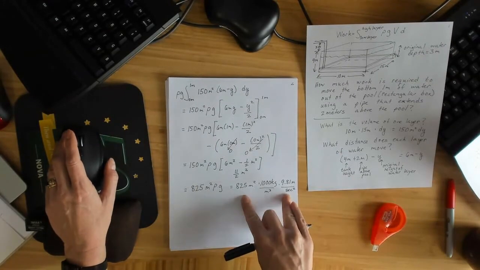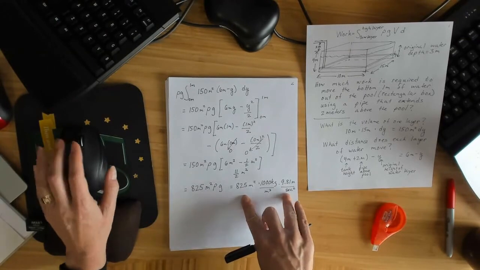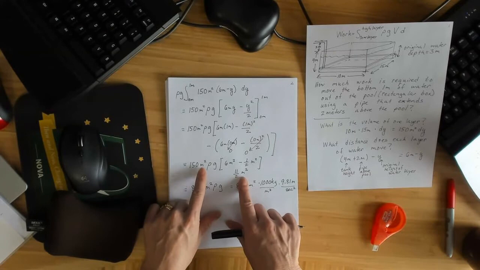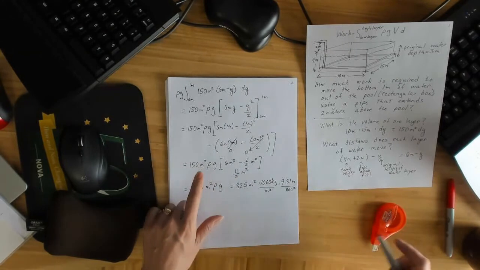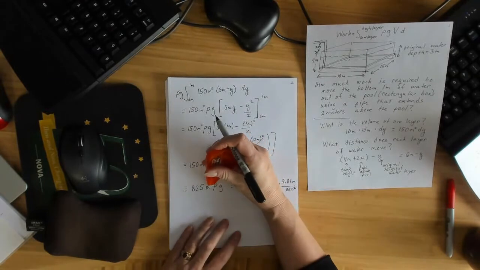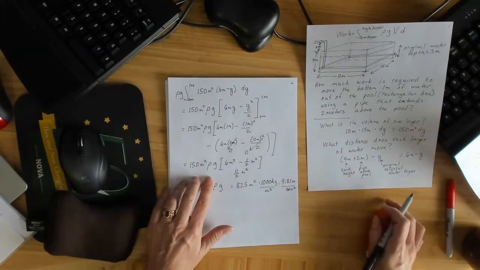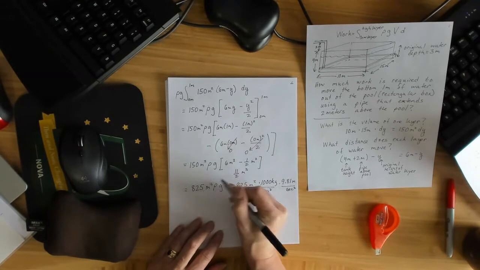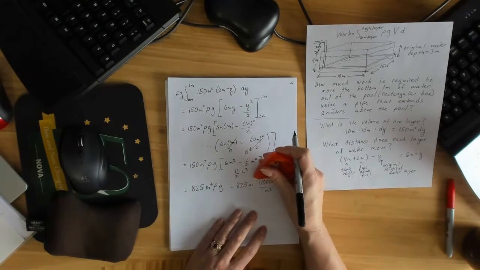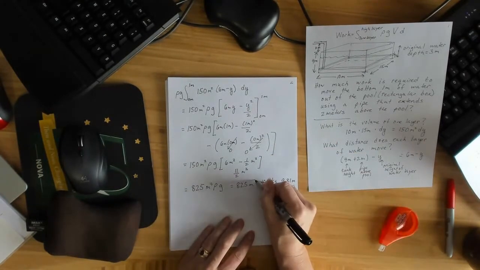I should be getting kilogram meters per second squared, so I'm going to go back and check my units. Look above here. I have meters squared times meters squared. That should give me meters to the fourth. So I'm going to change my units here to meters to the fourth, and that makes these units here also meters to the fourth.